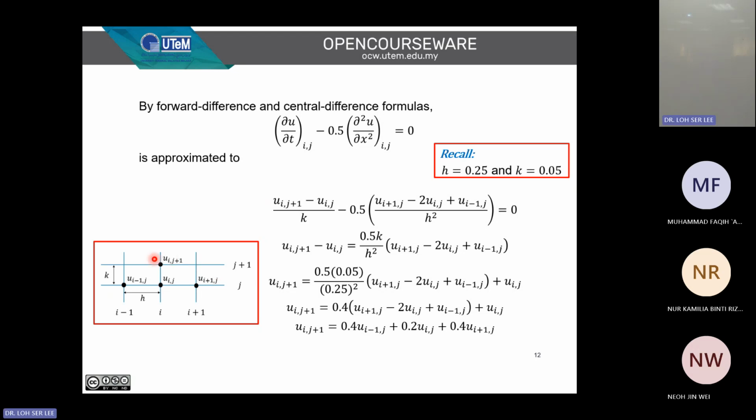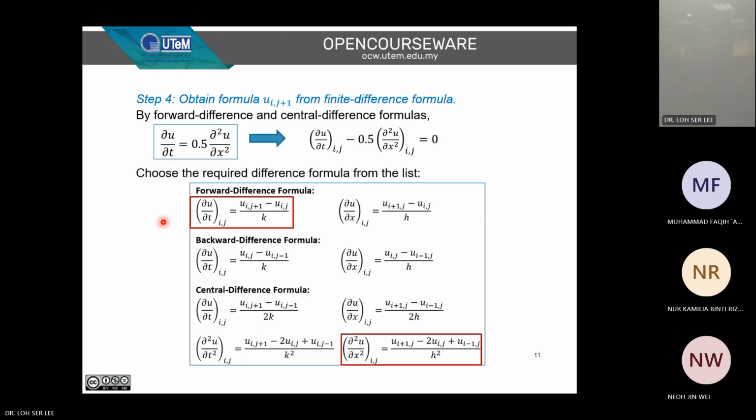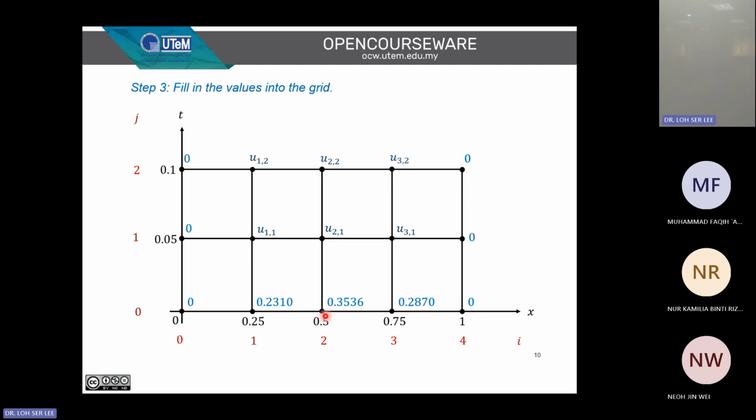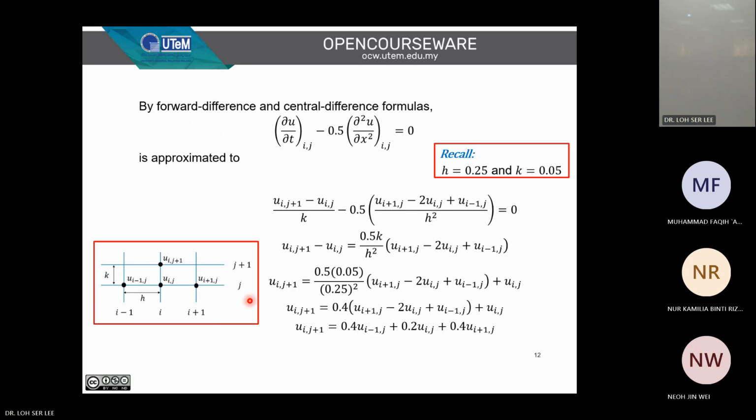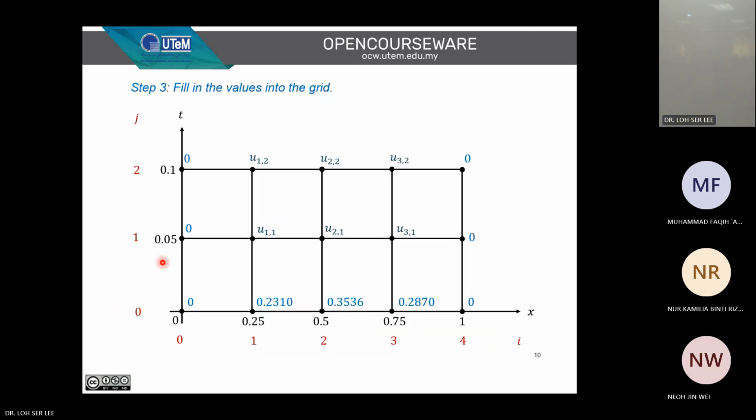Look at this once again. These are the values that we have already obtained. We want to find the internal points, which are one row above. Based on this, we know that we can find U_i,j+1 given the values of these 3 U. If you have these 3 U values, you can find this one.